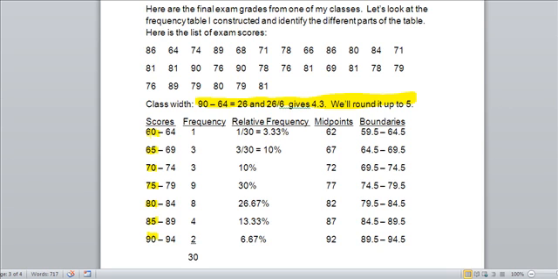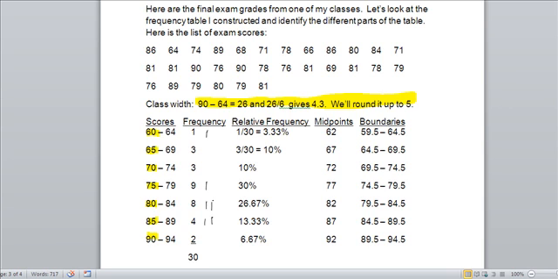Okay, then what I did was I went through the table, and one way you can do this is to use what I call tally marks. 86 appears, 81, 76, 64, 81, 89, and so forth, doing tally marks until you have gone through the entire list.